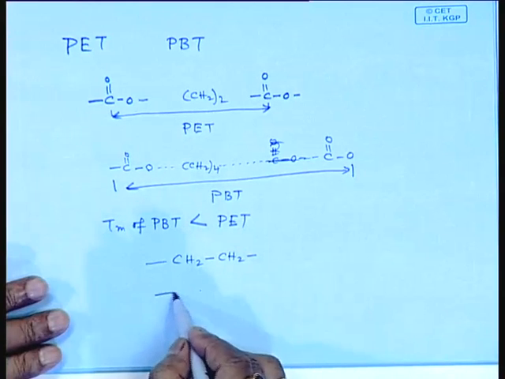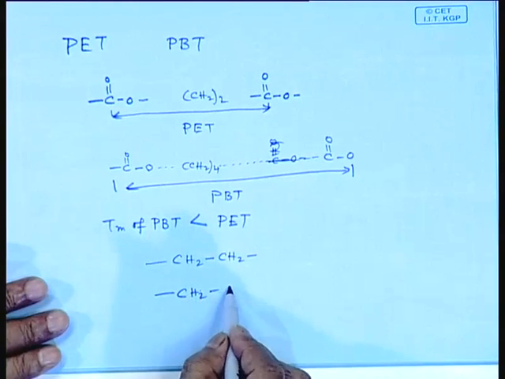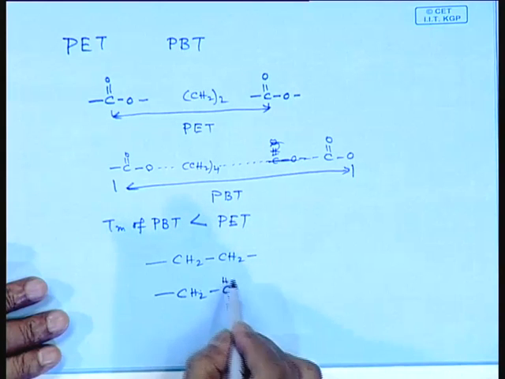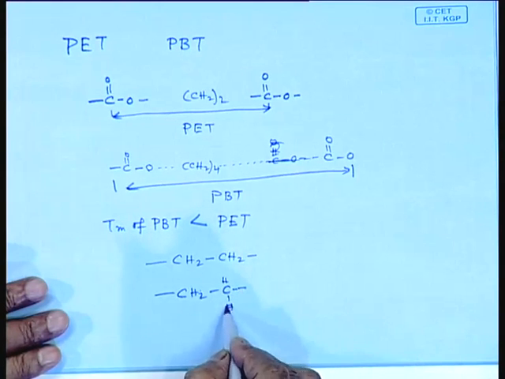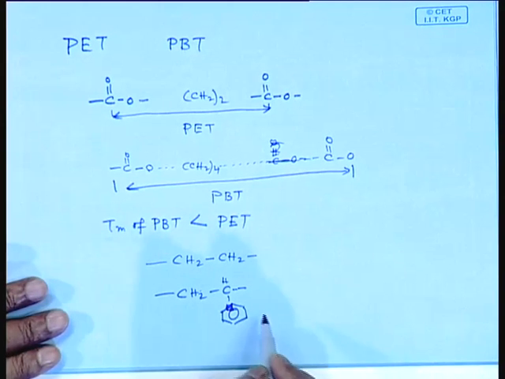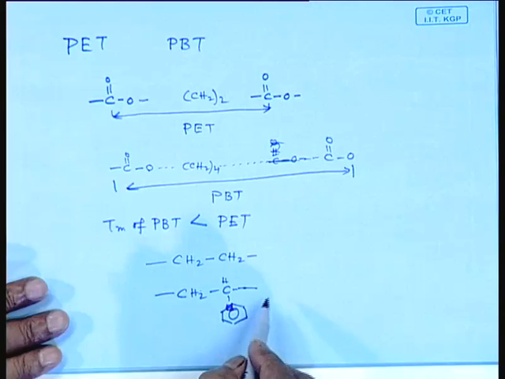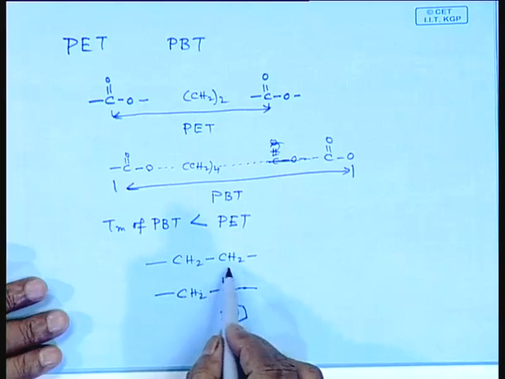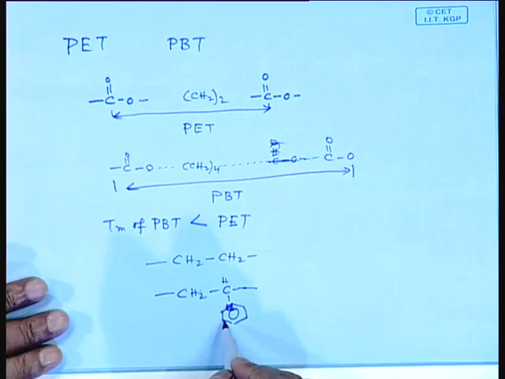Now, you think of a polymer where one of the hydrogens in the ethylene unit is replaced by a phenyl ring. It becomes polystyrene, and flexibility is lost. So, replacing one hydrogen in ethylene by one phenyl ring, its flexibility is lost.